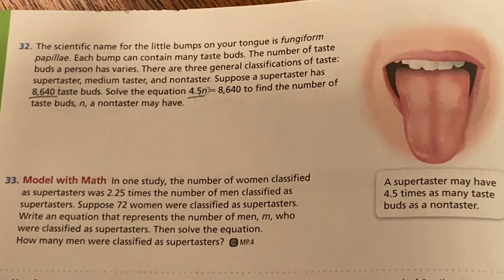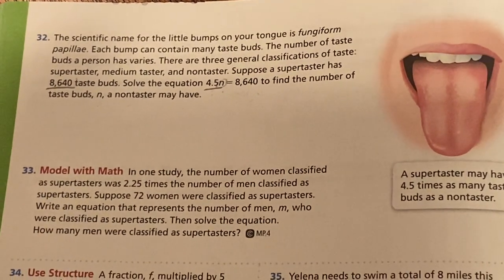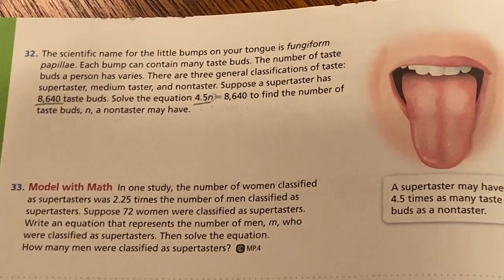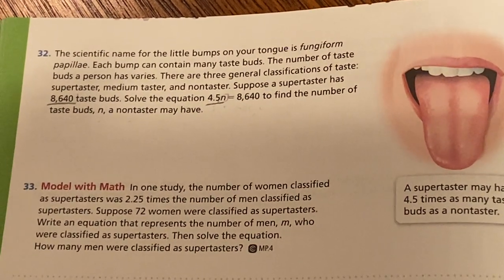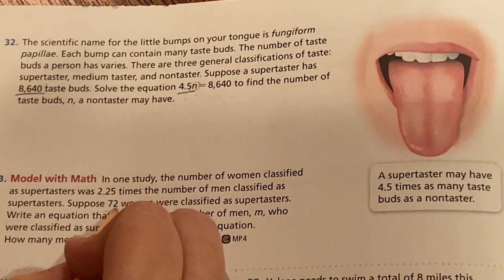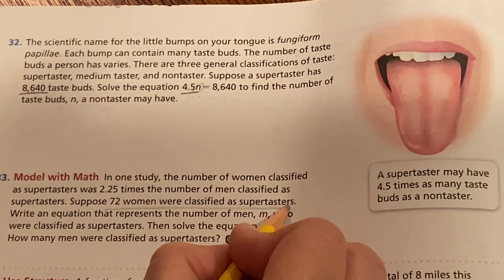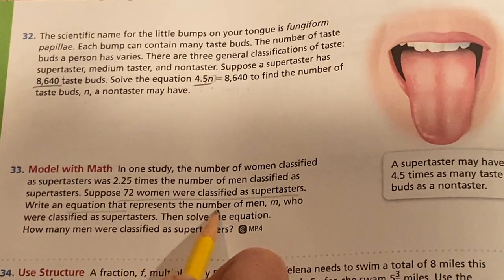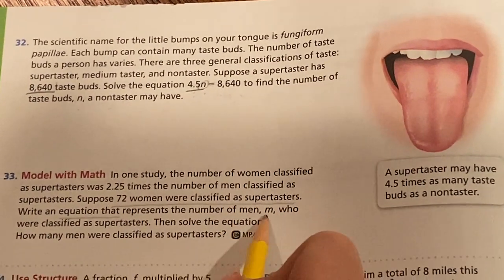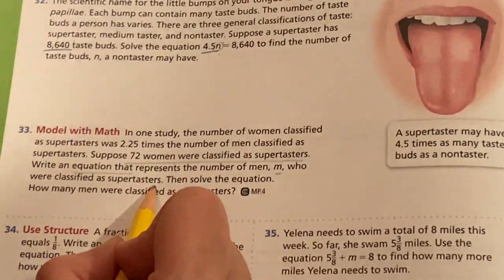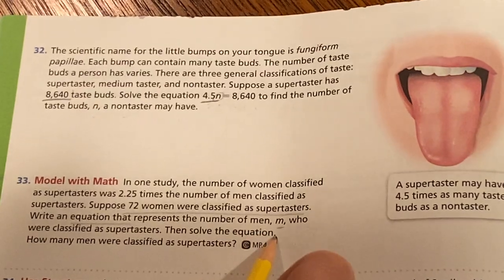Number 33, model with math. In one study, the number of women classified as super tasters was 2¼ times the number of men classified as super tasters. Now suppose 72 women were classified as super tasters. Write an equation that represents the number of men, using the variable m, who were classified as super tasters. Then solve the equation.